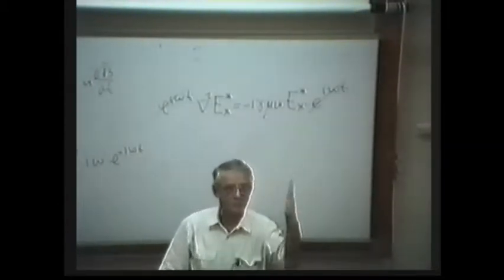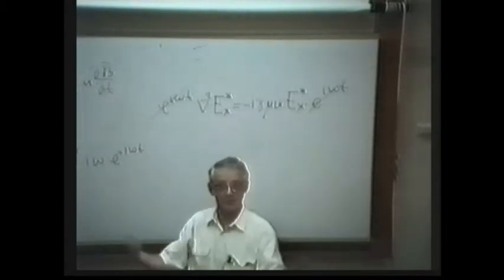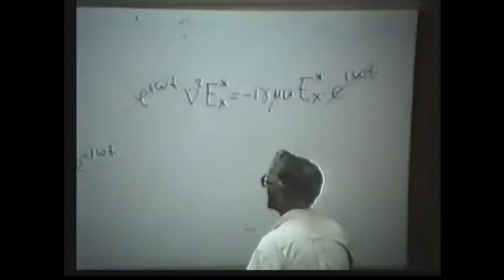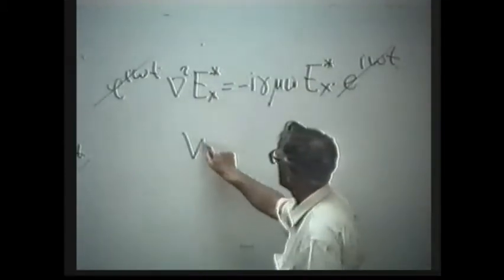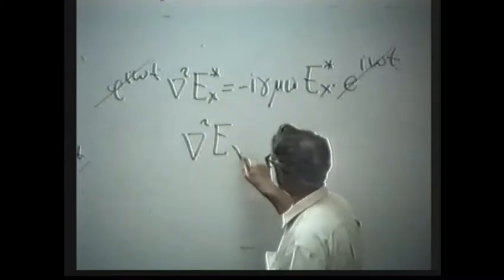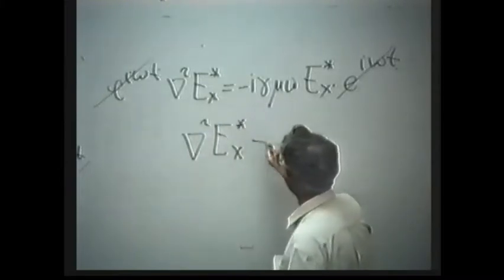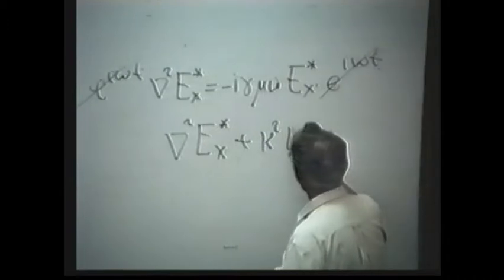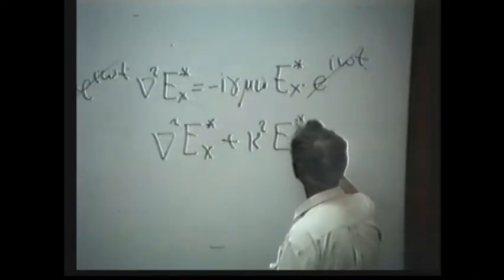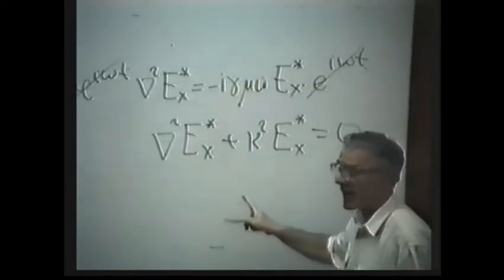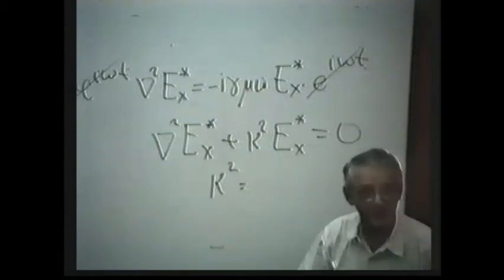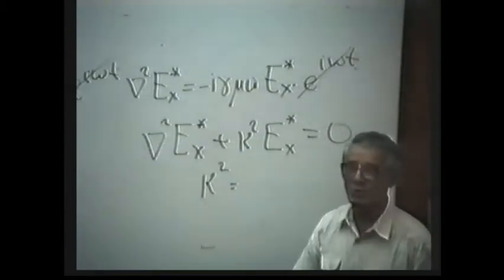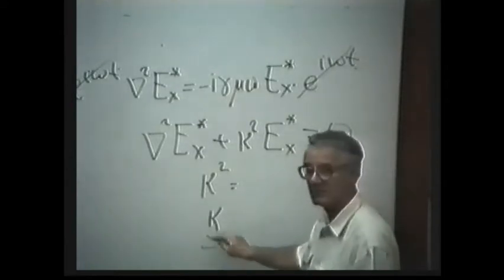No, it's a constant. Phase does not depend. So instead of the complicated heat equation, we received an equation which has a name. K square also has a name. Who knows what K means?